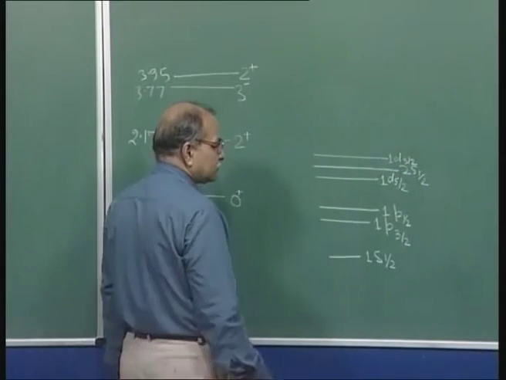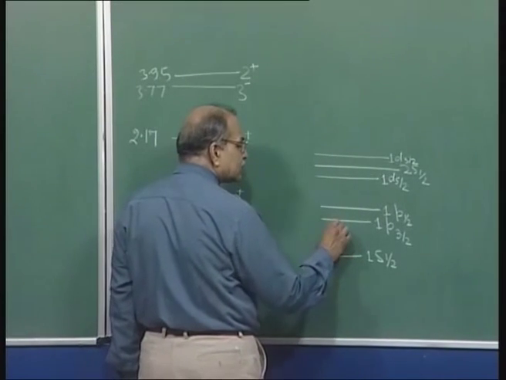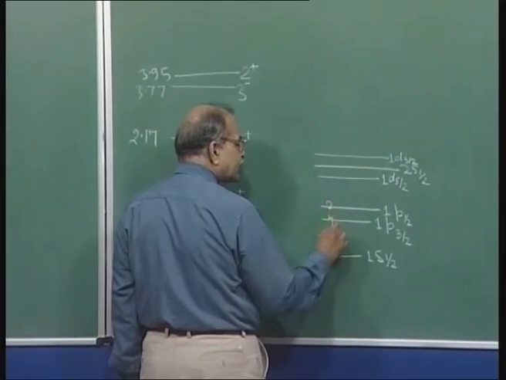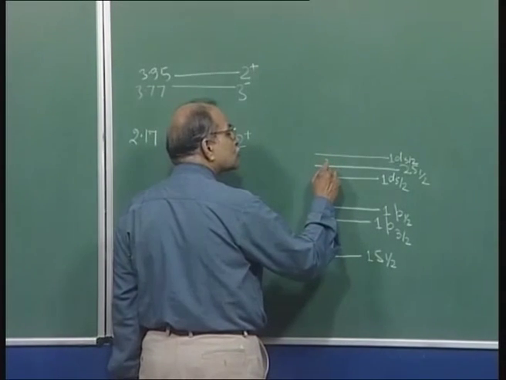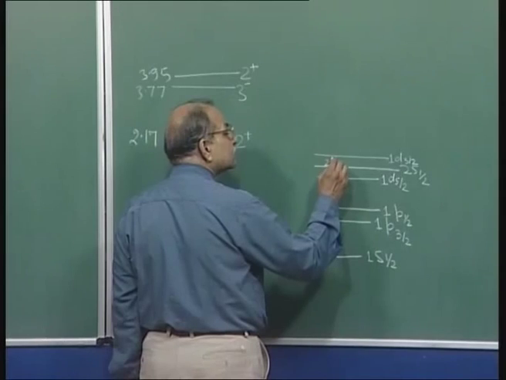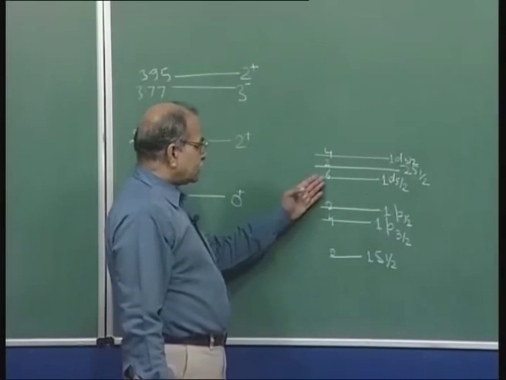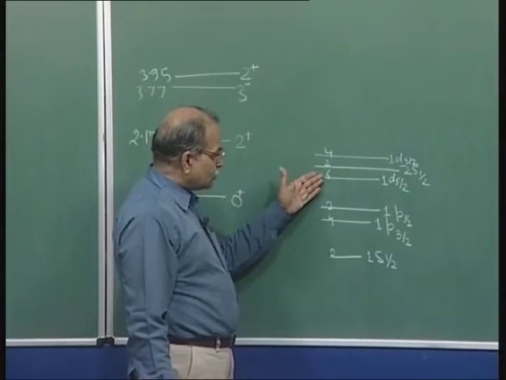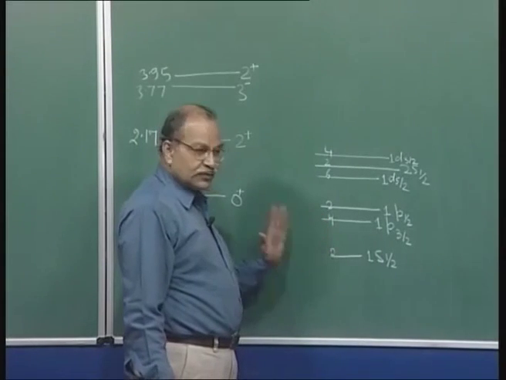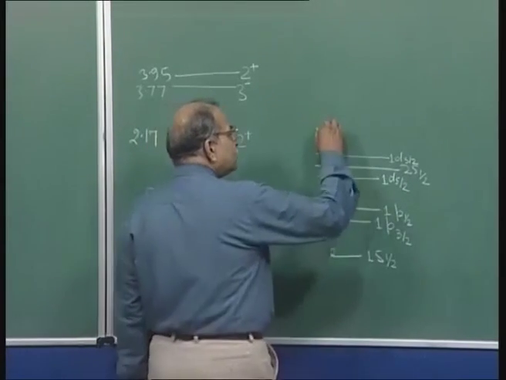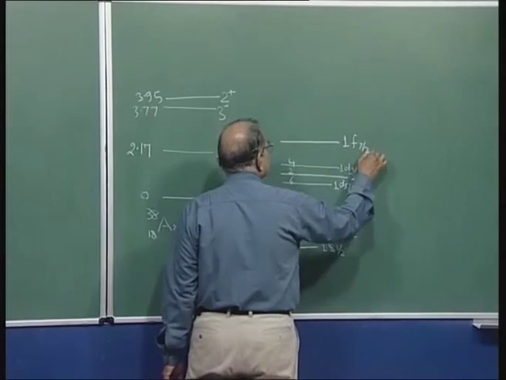So 2 here occupancy, 2 here, then 4 here and 2 here, that makes it 8, and then 6 here, 16, plus 2, 18, 4 more, 20. Then you have next f 7/2.